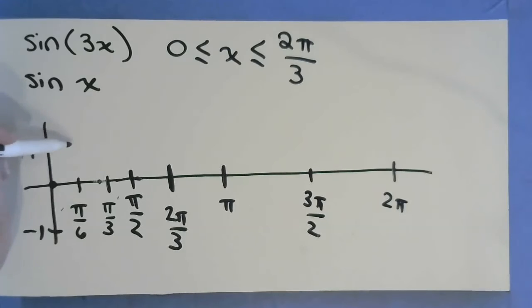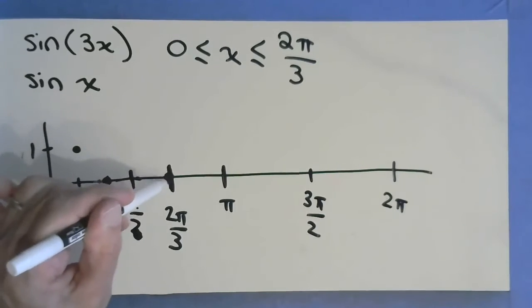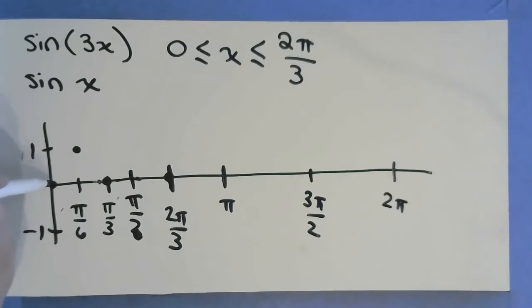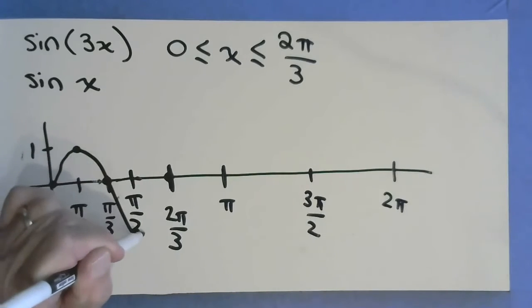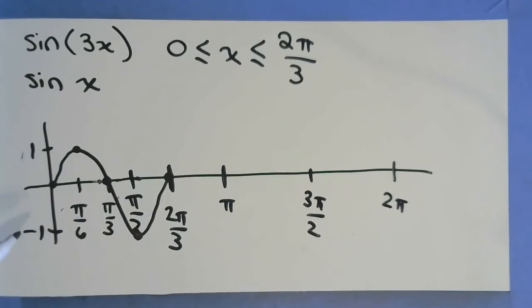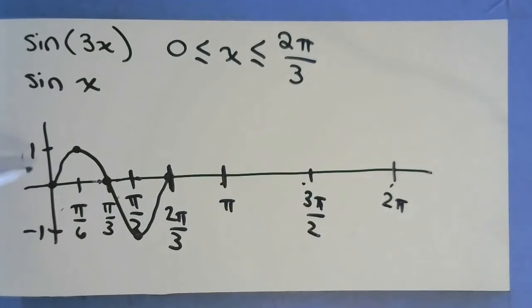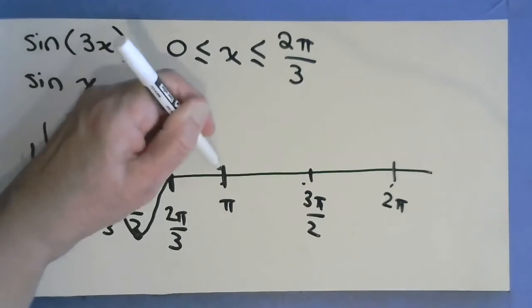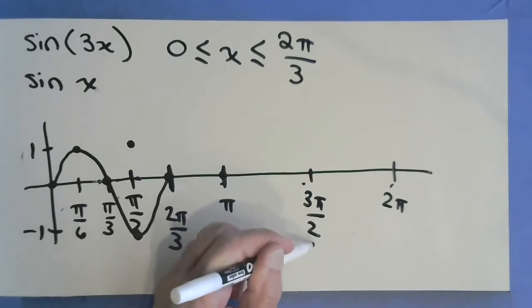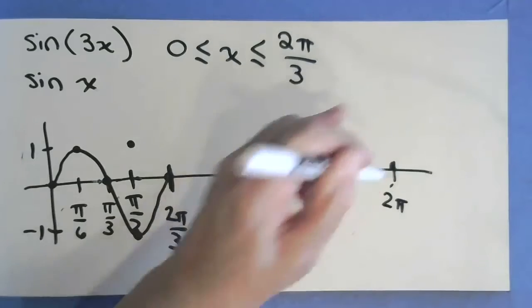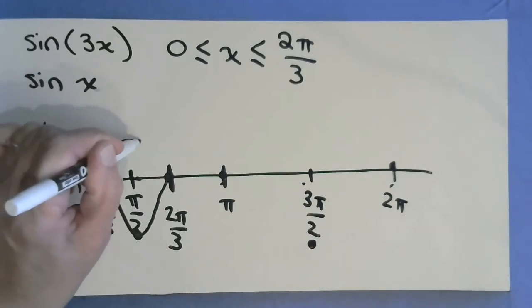It's going to go 0, up, 0, down, 0. And so we get this. If we want sine x, we look at our key points for sine. That's here and there and there and there and there. So it's 0, up, 0, down, 0, and we graph that in.